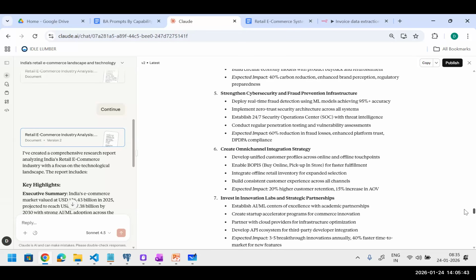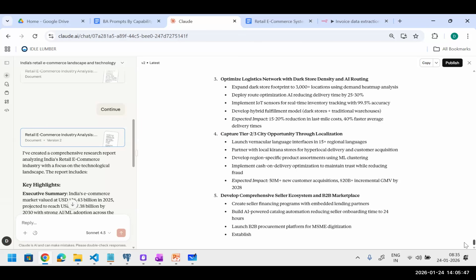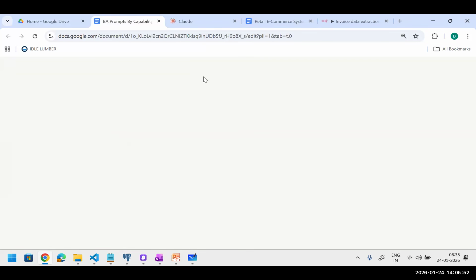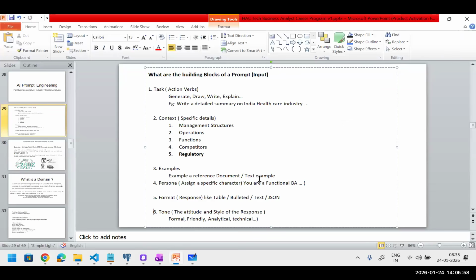So this is just an example of prompt engineering and how a business analyst makes use of these kinds of tools and techniques. It improves the efficiency and effectiveness of your business analysis in a systematic way.